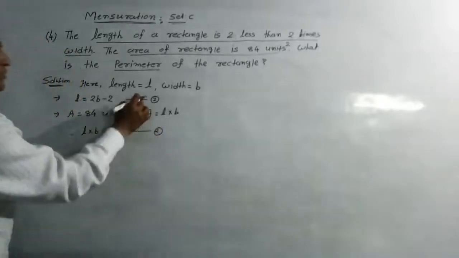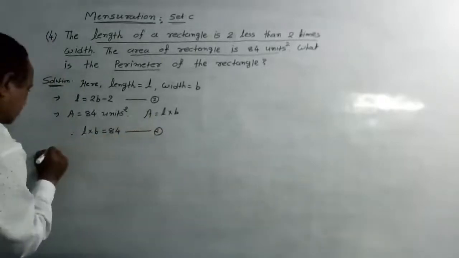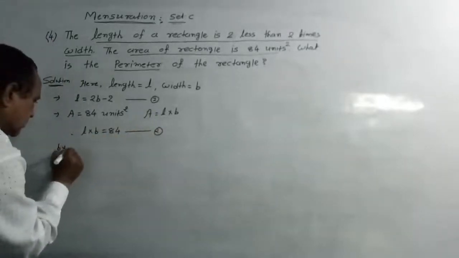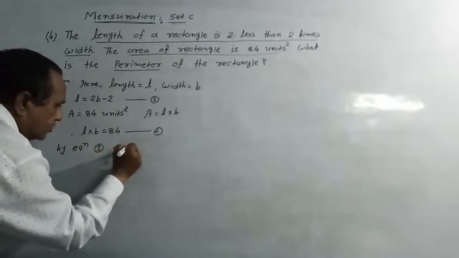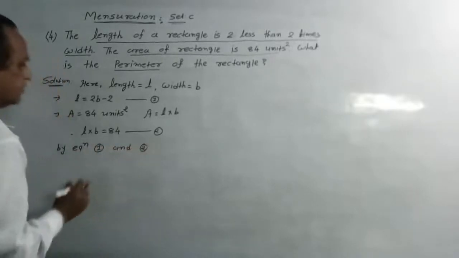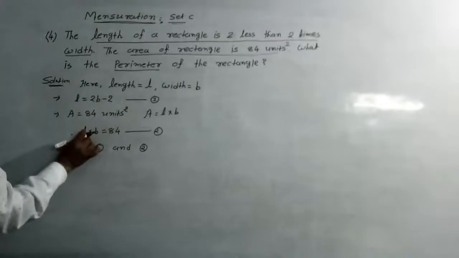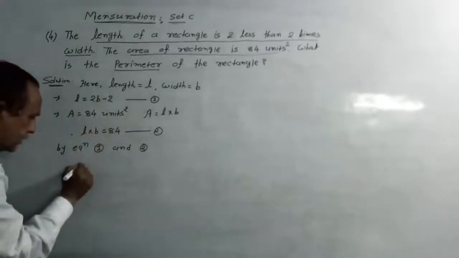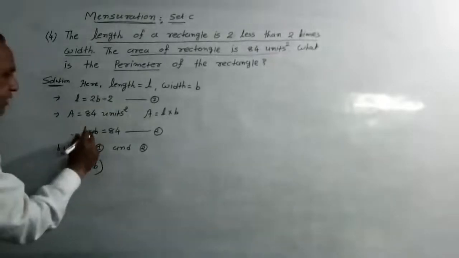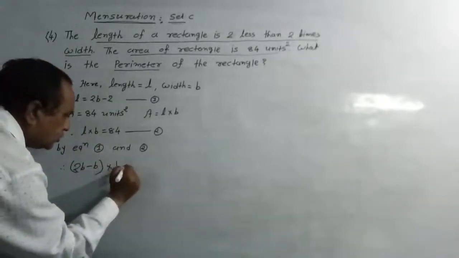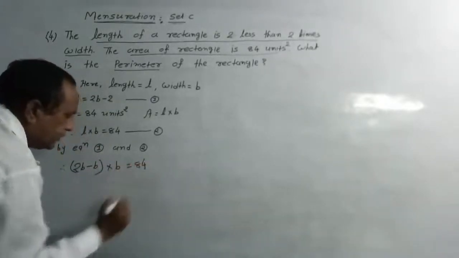Now by equation 1 and 2 we get, put the value of L here, then (2B minus 2) multiplied by B is equal to 84.